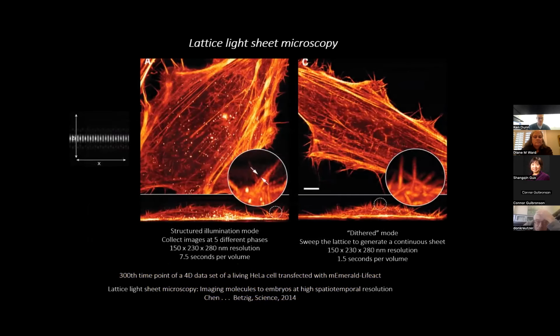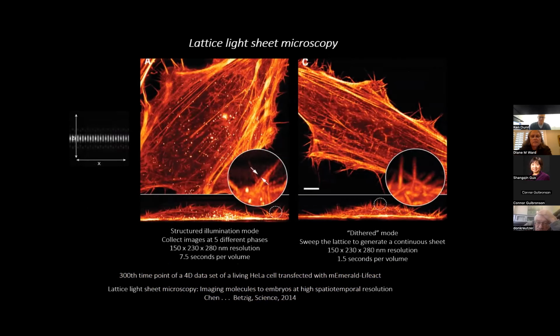And this is probably why. And again, I apologize for the complexity of this. There are two ways of doing lattice light sheet microscopy. In one of them, you actually project this lattice through the sample. Every one of those lobes will be coming from the side like this. And you collect 5 different images, or 7 different images, and you offset them.